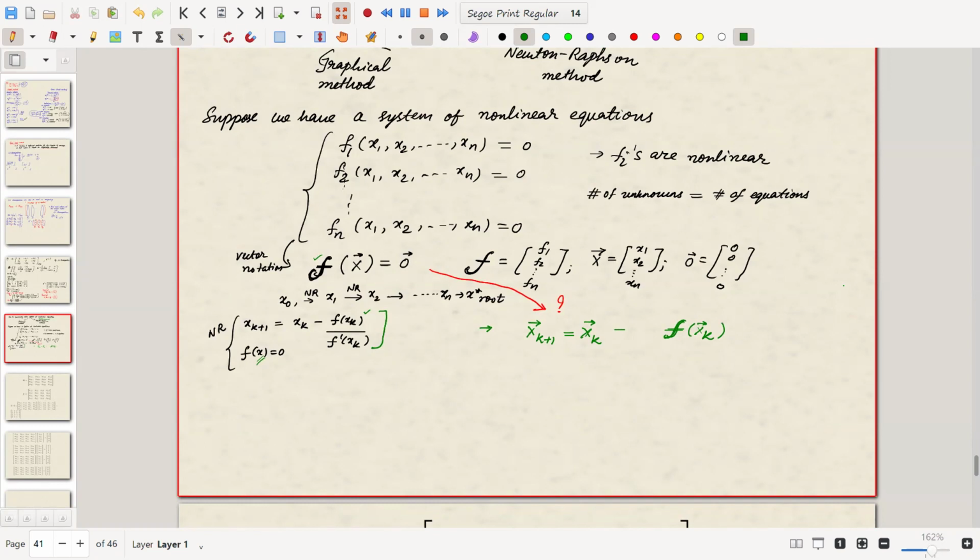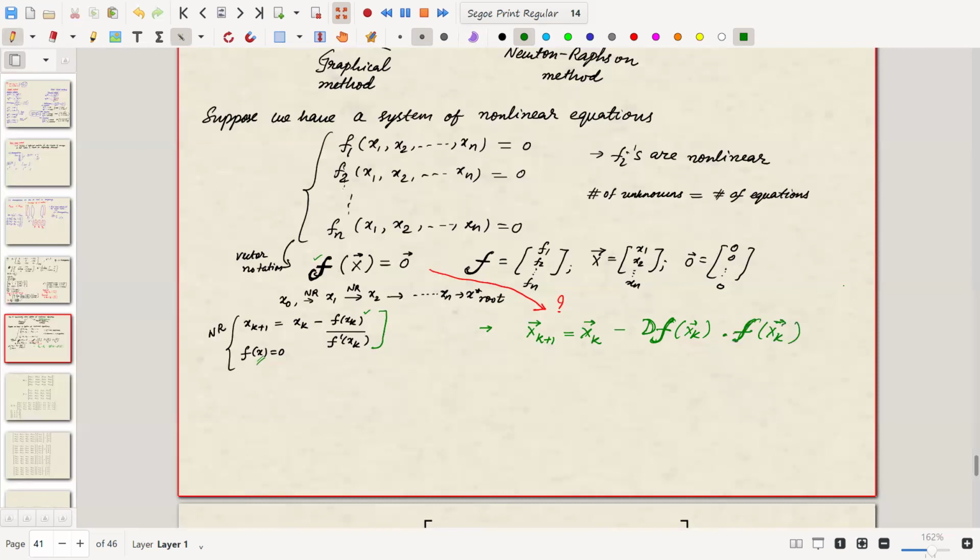What is df over here? This is the stylish looking f evaluated at the vector xk, and this is multiplied by xk.